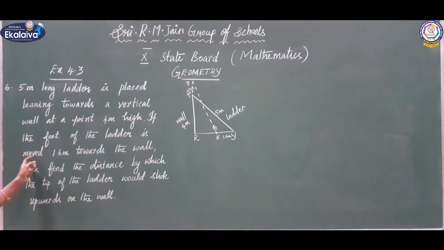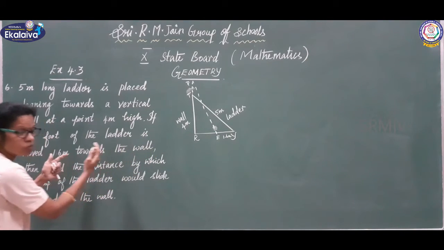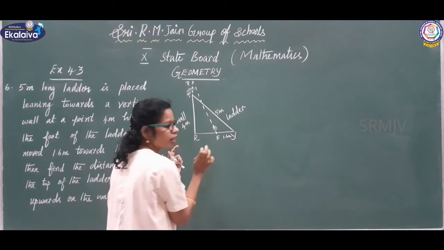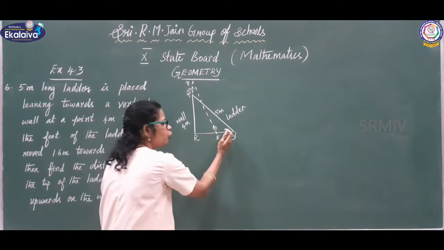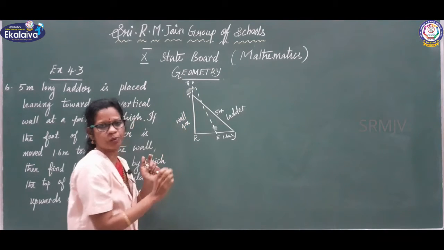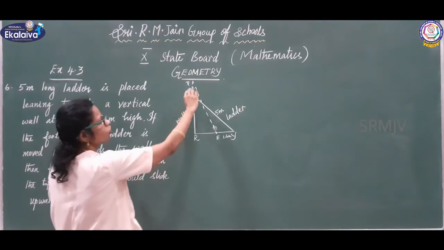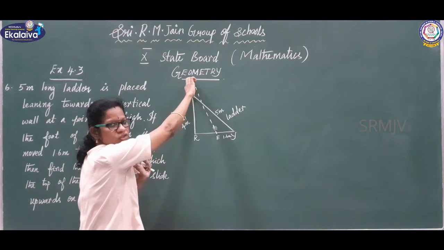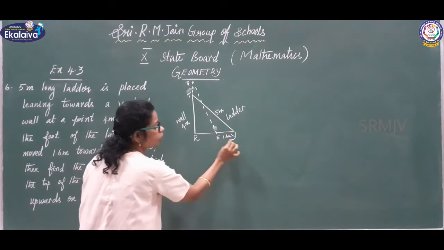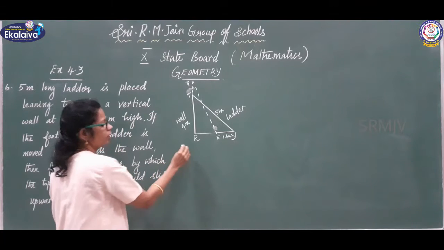That means the foot of the ladder is moved 1.6 meter towards the wall, right? So the distance between E and Y is 1.6. When you move towards the wall, the height should increase. That point is P, right? They are asking what is this? How much distance, right? Now you see, first you should find out what is the value of RY.